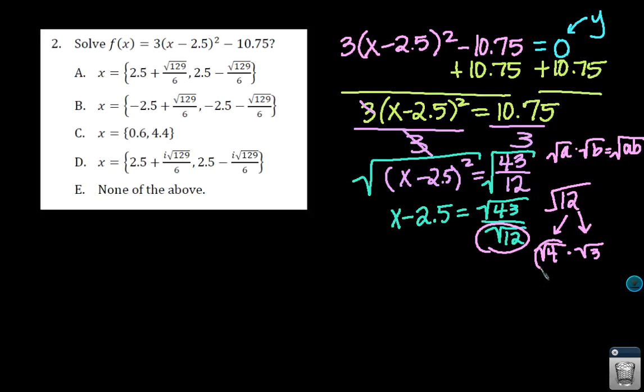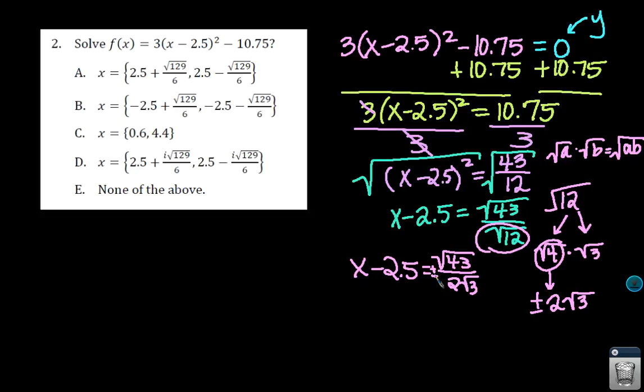And then the square root of 4, well, that's a rational number. That's plus or minus 2. And then the square root of 3 cannot be simplified, so there we have that. So I have x minus 2.5 equals the square root of 43 over 2 root 3, and this is plus or minus.